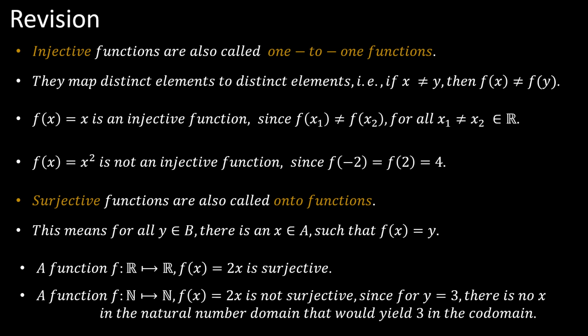However, a function that transforms a natural number to a natural number such that f(x) equals 2x is not surjective, since for an output, in other words, y equals 3 or 2x equals 3, there is no x in the natural number domain that would yield 3 in the codomain. So this second relationship is not surjective.